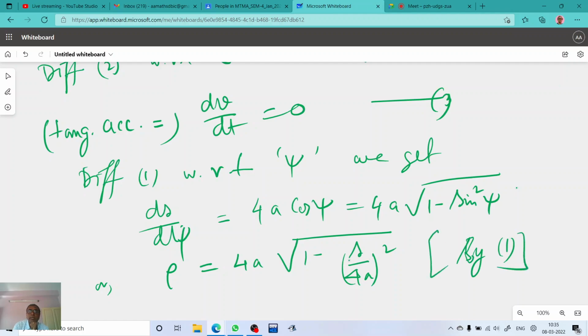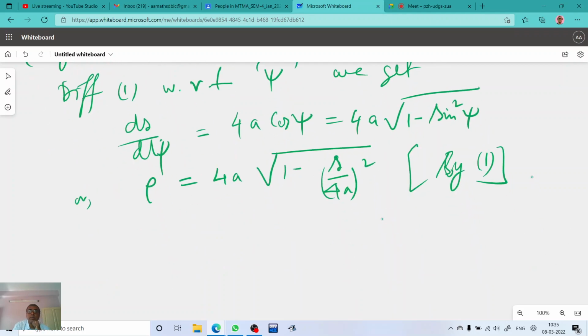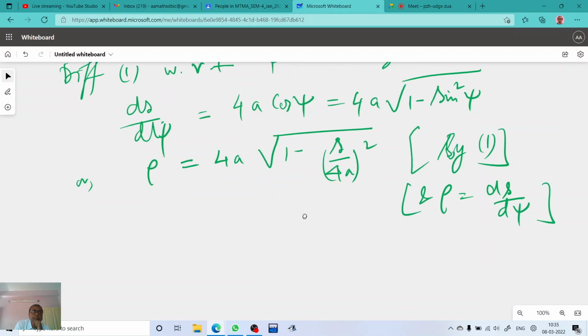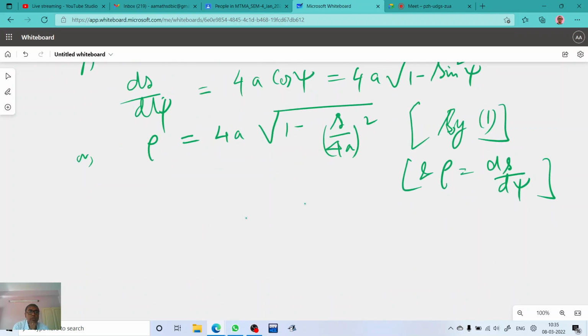Ds d psi is the radius of curvature. This is the arc length, and so this equals root over 16a square minus s square.